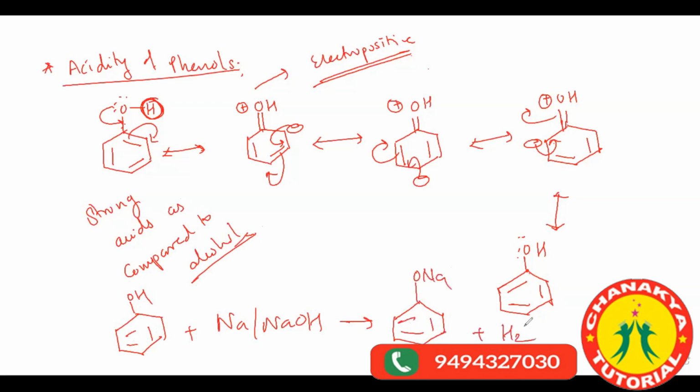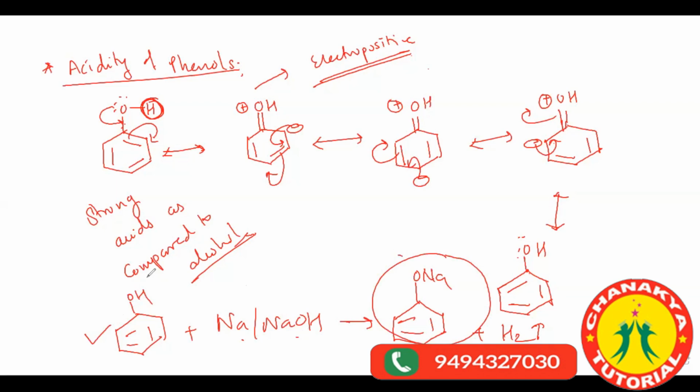And H2 will be released. Balancing we will see later, we are not going to think about the balancing currently. I just wanted to tell you that when phenol is reacted with the metal or the metal hydroxide, it will be converted into phenoxide, right? Yes or no? So this is a fast reaction.